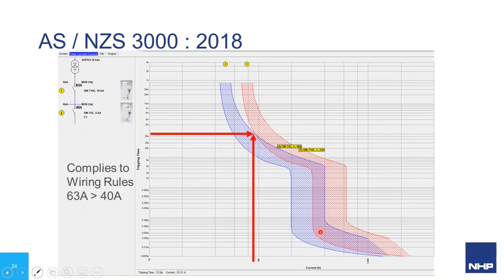So there is no guarantee that this combination will comply in all respects. The width of these curves is the allowable tolerance. Generally speaking, there will be a single line within these curves, which is the median trip point of these devices. However, a tolerance is allowed within these devices.